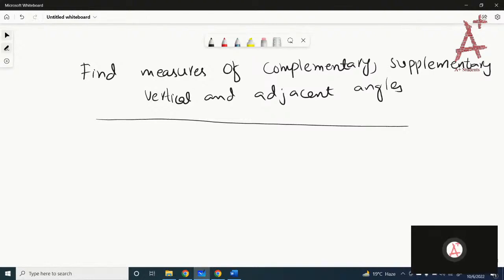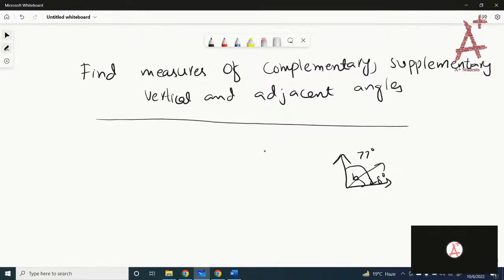Okay, what is the value of angle B? Okay, the complete angle is 77 degrees and one of them is 28 degrees.